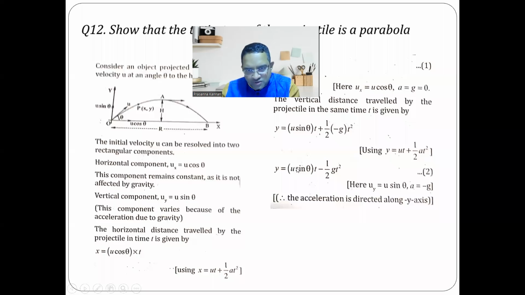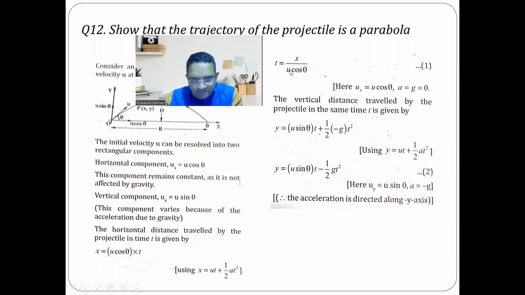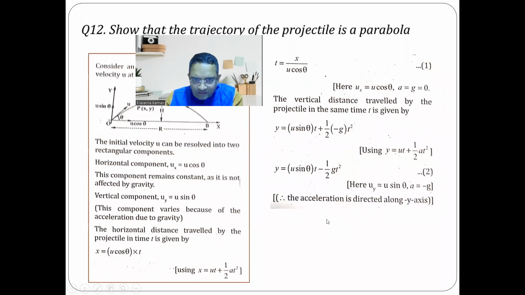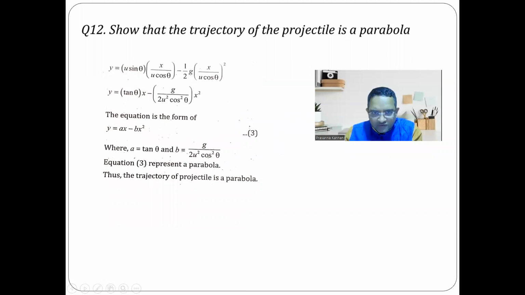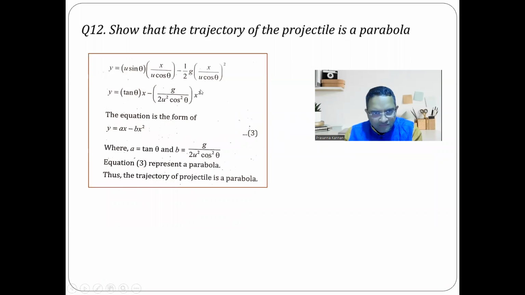So y is u sin theta into t minus half g t square, and x is u cos theta into t. So t can be written as x by u cos theta. That I can substitute here, and that gives you your final result.